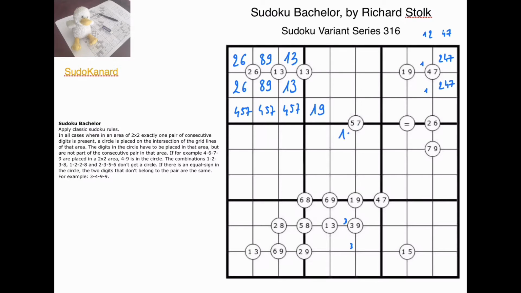I mean, this is 1, 2, 5, 7, and 1 will be in one of those cells, and this one is a 9. 2 and 6, because of this, 2 must be down there, meaning that the 2 in this quadruple will be up there. And we get 5 and 7 at the bottom.